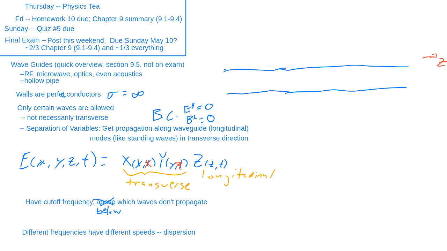One way to look at it is that there's a solution to the wave equation in the transverse direction. Another way to look at it is that there are different paths, and we can use ray optics to give us a sense of why they're different speeds. So one path down this thing is just to have a ray that goes like that. But here's another path down this waveguide.